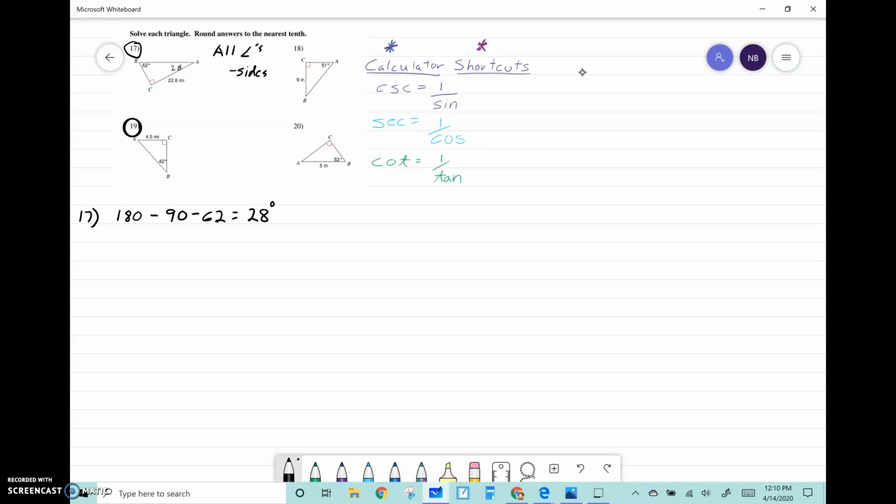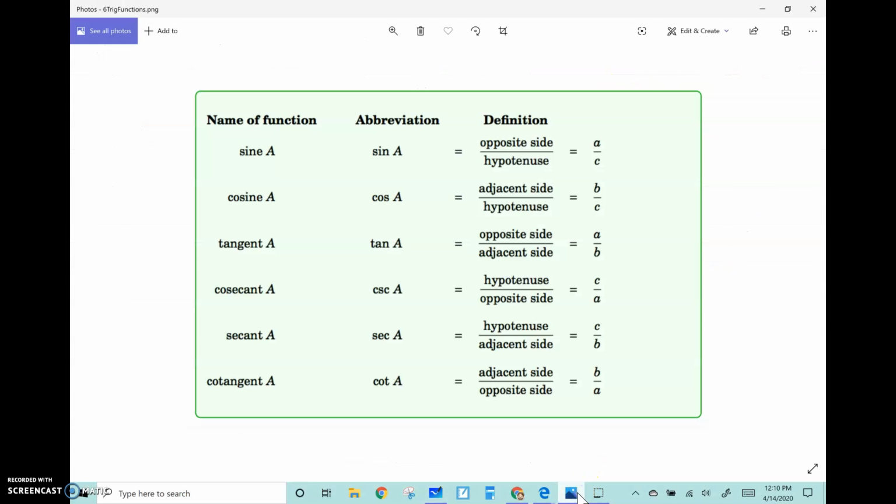Put 28 in there. Now we need to figure out what our missing sides are, and the only side they gave us is B. So we need to find the hypotenuse and side A. The first part we can do is utilize this chart that I gave you.